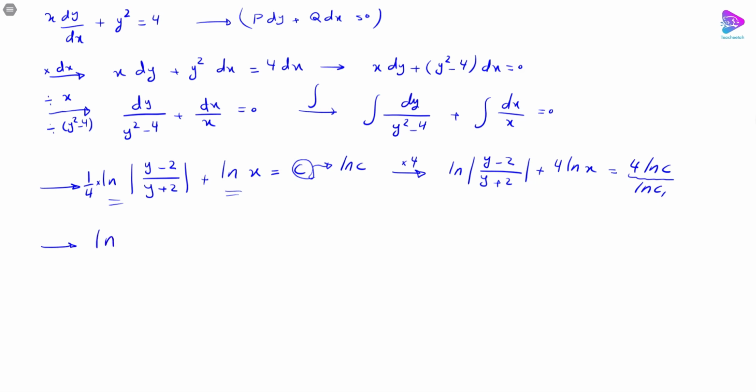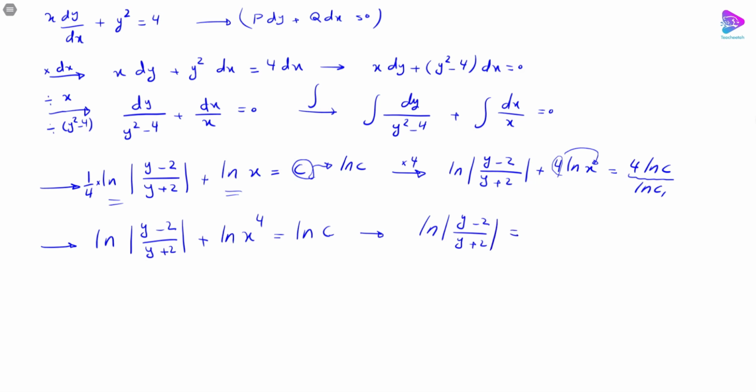So we're getting to now, if you can remember from our first lecture, I can bring that 4 as a power for x and then write it this way, which basically now I can say, and again, if you can remember, this can be rewritten as this form.